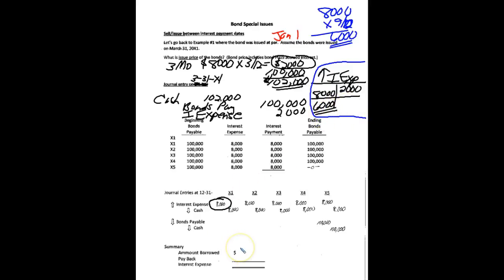So down here, again, recall we would have borrowed $102,000. And the payback, again, is $140,000, right? That's $8,000 a year plus the $100,000 principal.